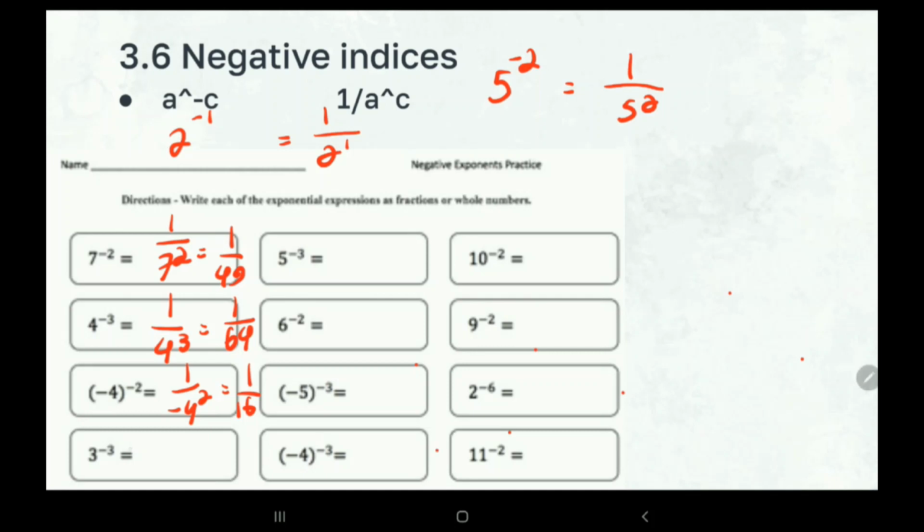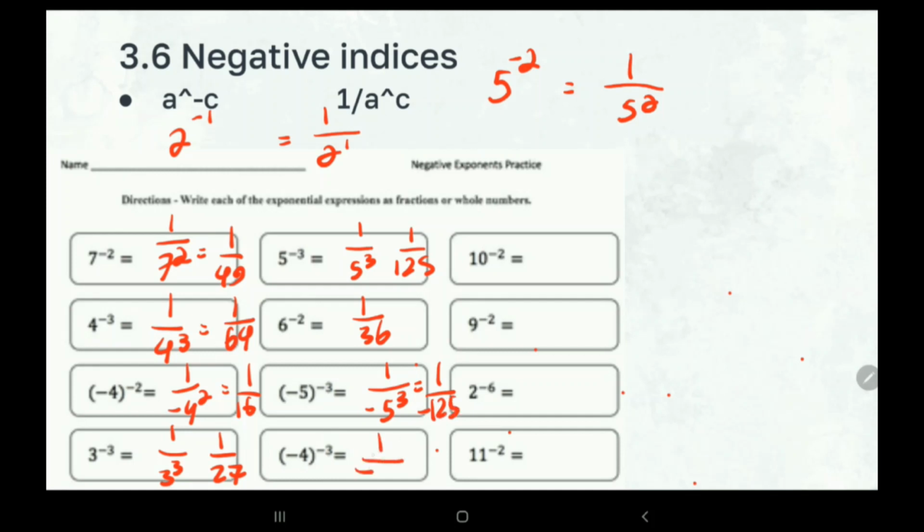Okay, so this one is 1 over 3 cubed, which is 1 over 27. This one is 1 over 5 cubed, which is 1 over 125. This is 1 over 36. This is 1 over negative 5 cubed, which is the same as 1 over negative 125.